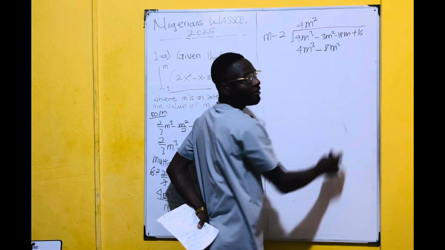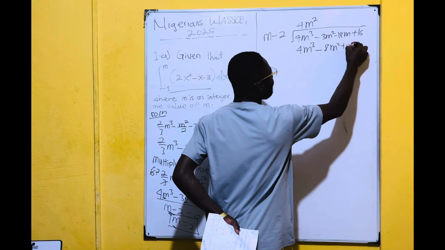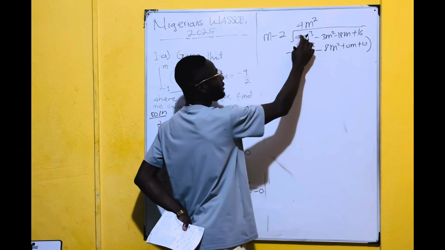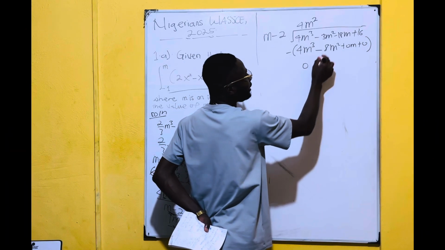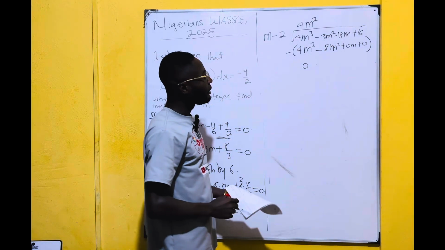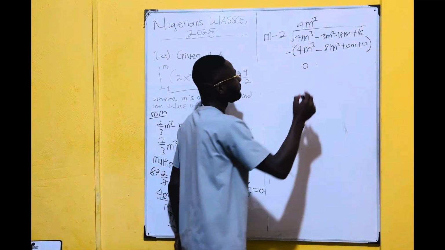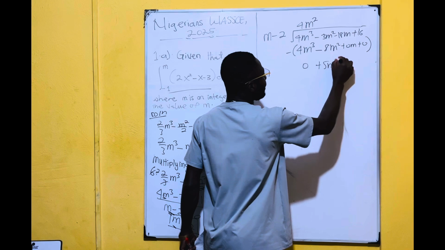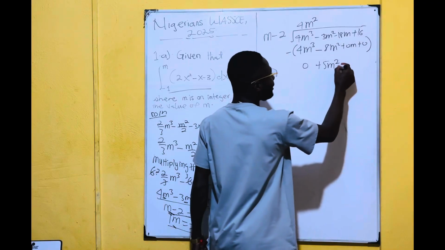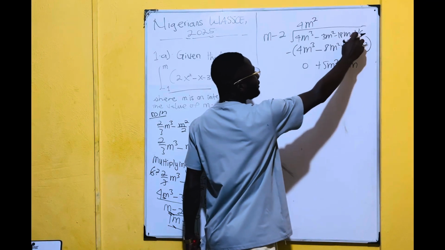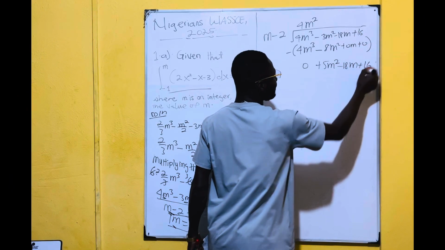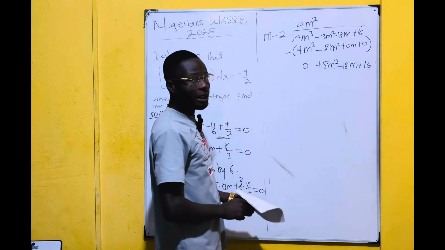Then this here we don't have anything, so we put plus 0m plus 0, right? So we're going to subtract this minus this, we have 0. Then minus 3m squared minus 8m squared becomes 5m squared. So we have plus 5m squared minus 18m minus 0m becomes minus 18m. Then 16 minus 0 becomes what? Plus 16.